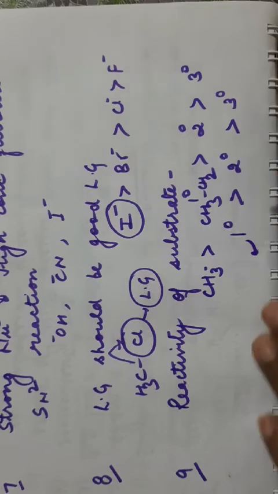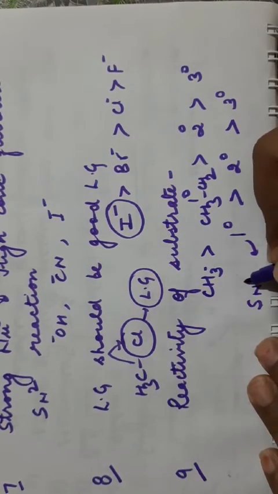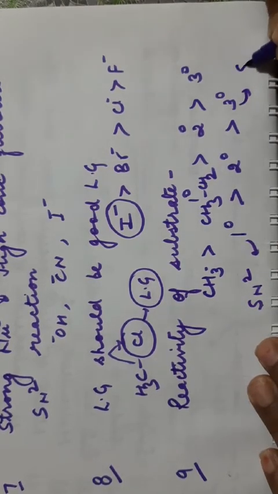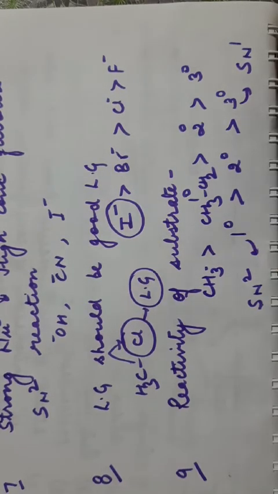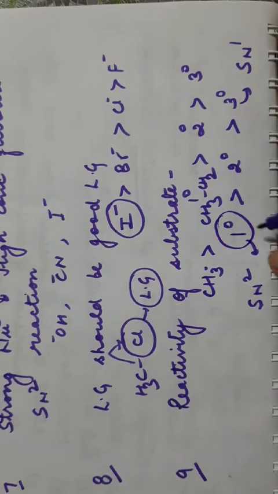So 1 degree will always react by SN2 and 3 degree will always react by SN1. 1 degree does not react by SN1 unless it is stabilized by some factor. So remember 1 degree will always react by SN2 mechanism and its rate of reaction is maximum.